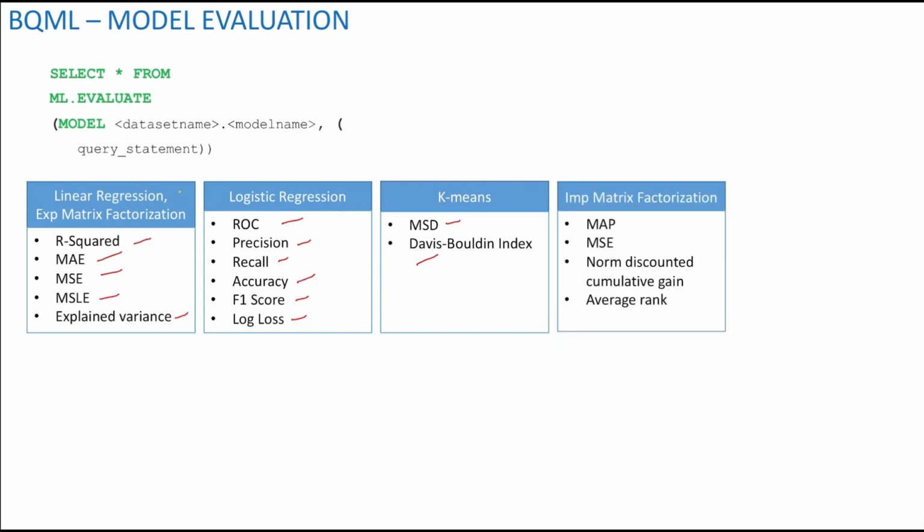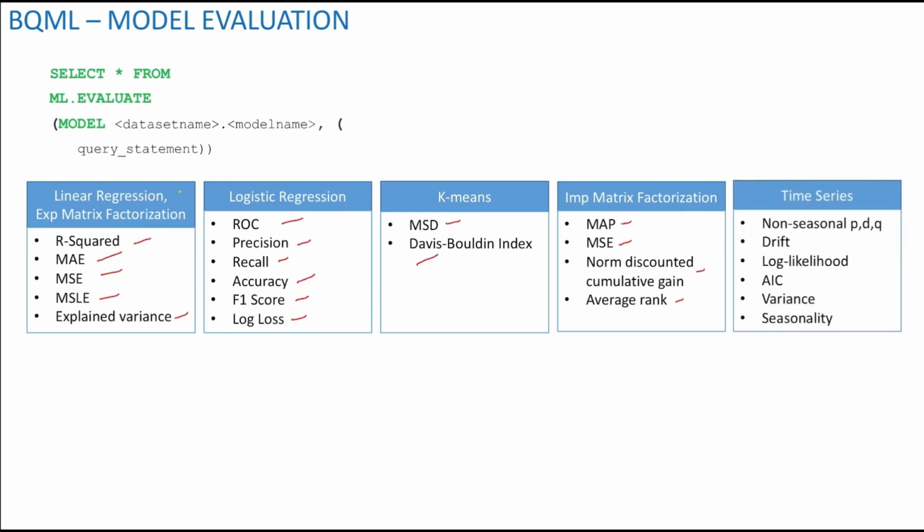Then for your implicit matrix factorization models, again to recap, implicit matrix factorization are the models for your recommendation engine where the rating is not explicitly provided by the user, but instead you are computing it by other measures like the amount of time the video was watched or the amount of time spent on the web page, etc. So for those models, what you get are metrics like MAP, MAE, mean squared error again, the normalized discounted cumulative gain, and the average rank.